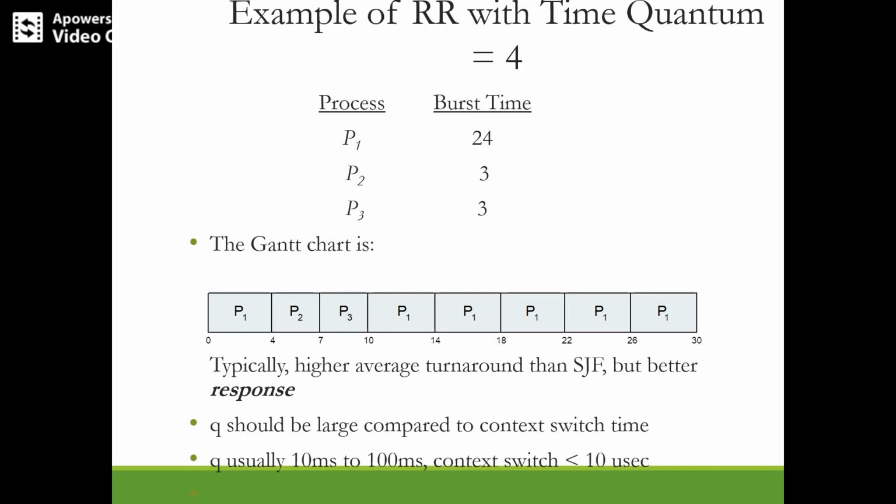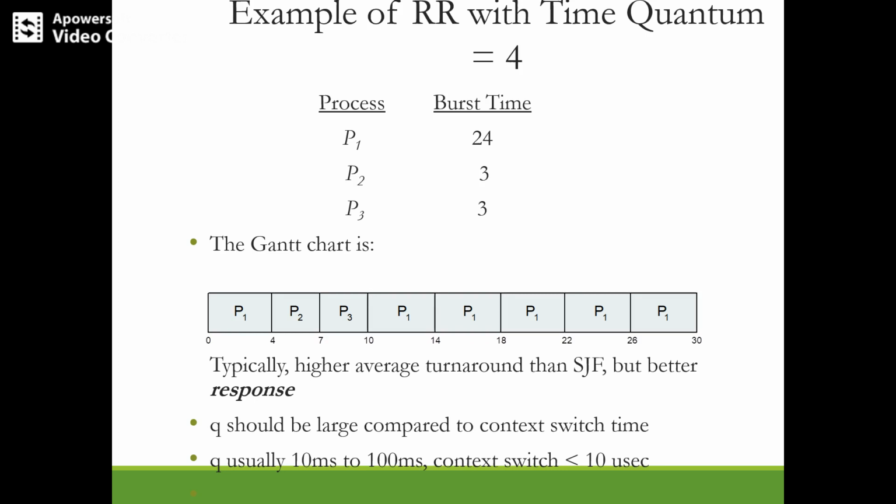For process P2, the waiting time is 4 milliseconds, whereas for process P3 it is 7 milliseconds. If you calculate the average waiting time, it would be (10 minus 4) plus 4 plus 7, that is 6 plus 4 plus 7, or 17 by 3. What is 17 by 3? It is around 5.66 milliseconds.